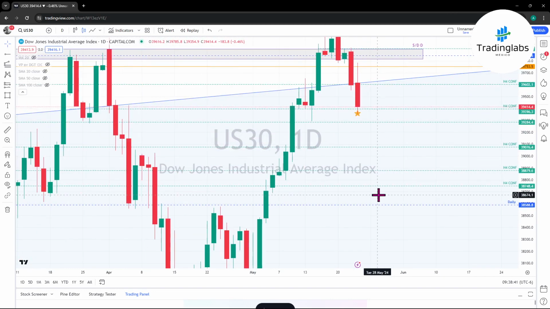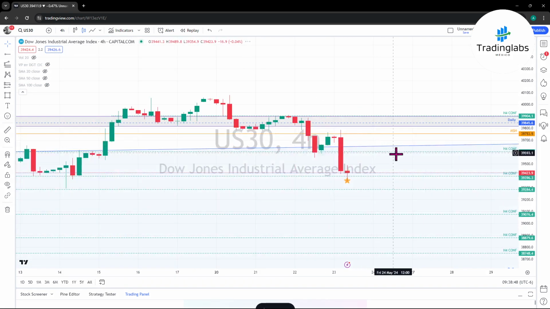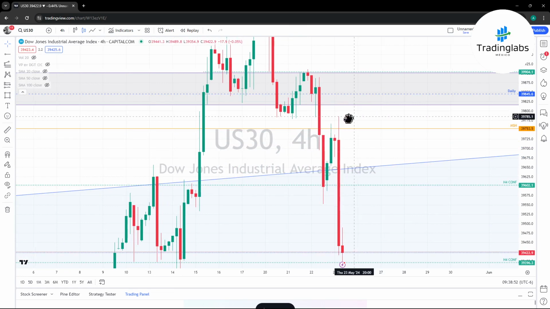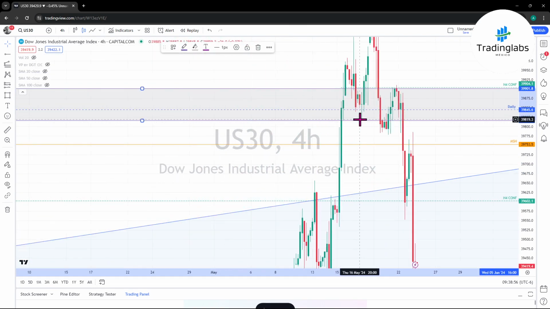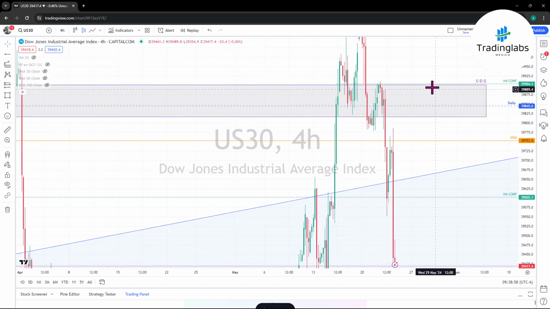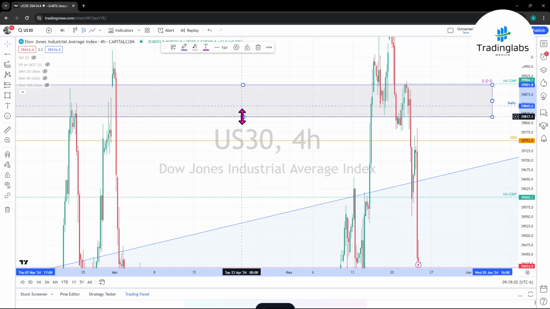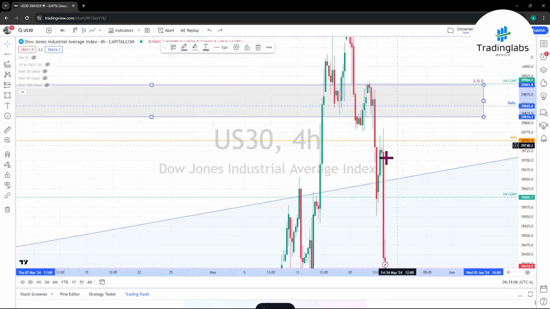Okay, and I mark it daily. I go down to the H4, and you can make it smaller, to the H1 if you want, or to the H4 to make it narrower.